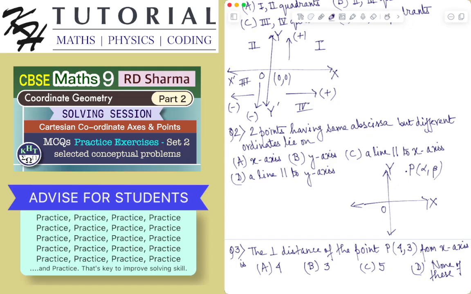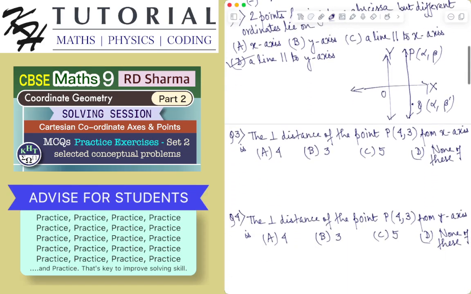So this will be alpha, comma, the ordinate could be any other ordinate other than beta, let's say beta dash. So clearly, if I join the points P and Q, this will be parallel to the y-axis. So any two points having the same abscissa or x coordinates, the line joining those 2 points is always parallel to the y-axis. So the correct choice is D.